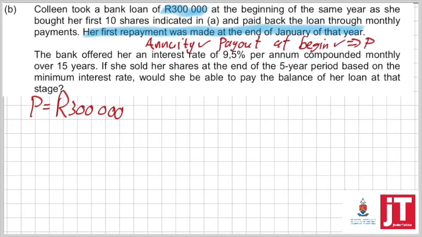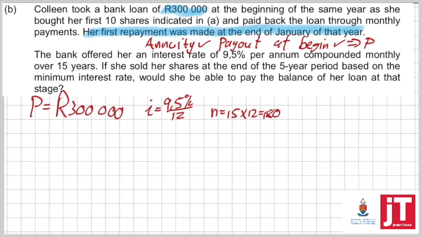It even says there that a repayment is made at the end of January, so it's a normal annuity. So the interest rate is 9.5% over 12, and it says it's over 15 years, so there's going to be 180 monthly payments. So the question is, if she sold her shares at the end of 5 years, based on the minimum interest rate, would she be able to pay the balance of the loan?